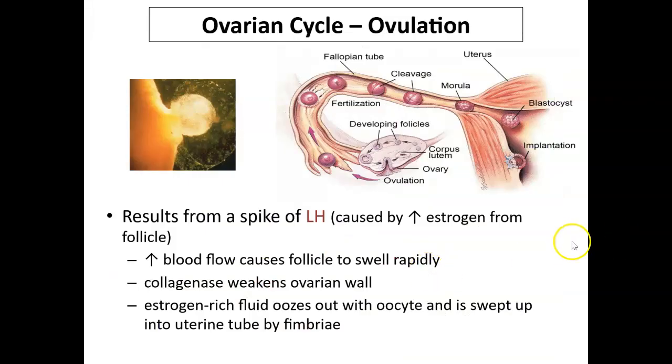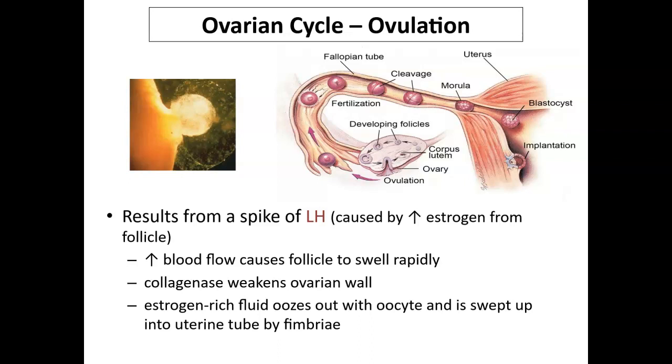Ovulation occurs when the mature egg is released from the ovary. This process typically occurs around the middle of a woman's menstrual cycle. The ovary releases the egg due to a surge in LH and FSH from the pituitary gland. So you can look at the table again provided earlier in the packet.